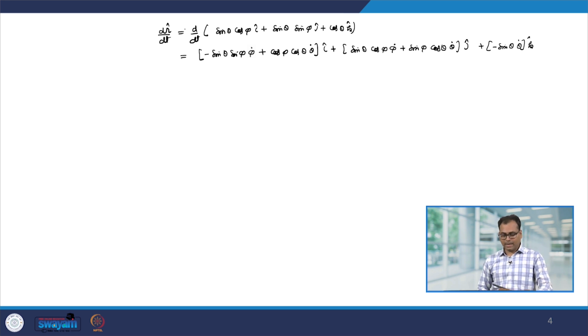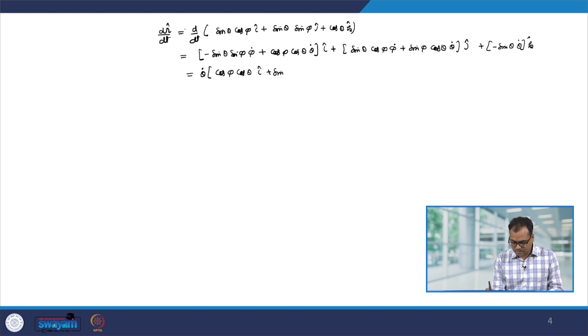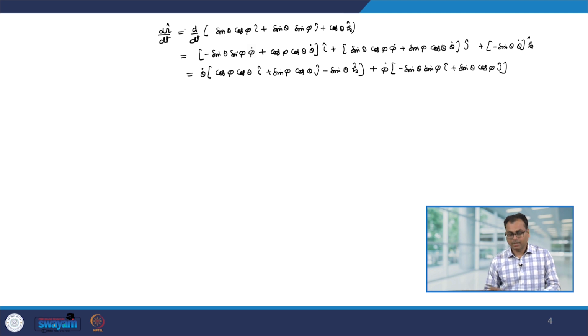theta dot k cap, and let us collect the terms of theta dot. So, it will be theta dot times cos phi cos theta i plus sin phi cos theta j minus sin theta k cap, plus phi dot times minus sin theta sin phi i plus sin theta cos phi j.